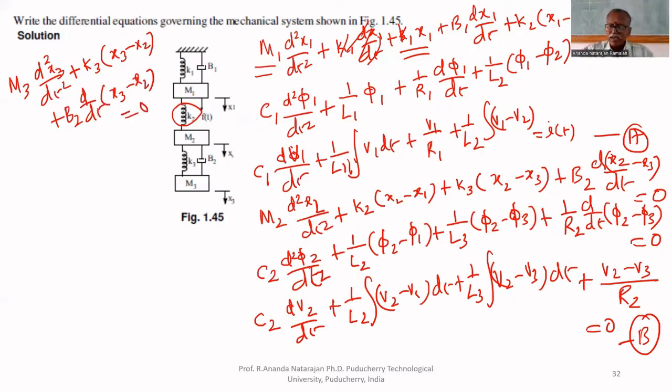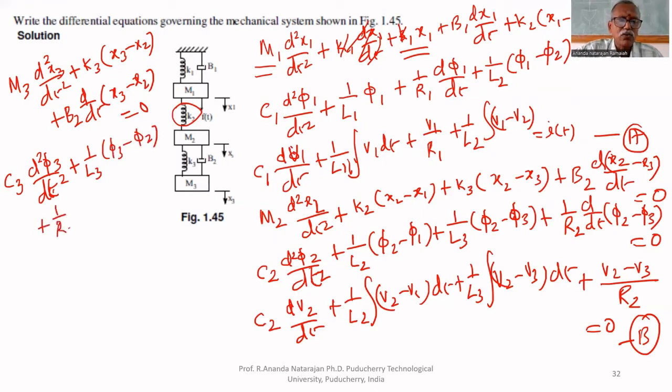This is the third equation. If you write in terms of current, M3 is C3 d square phi 3 by dt square plus K3 replaced by 1 by L3 phi 3 minus phi 2 plus 1 by R2 d by dt of phi 3 minus phi 2 equal to 0.